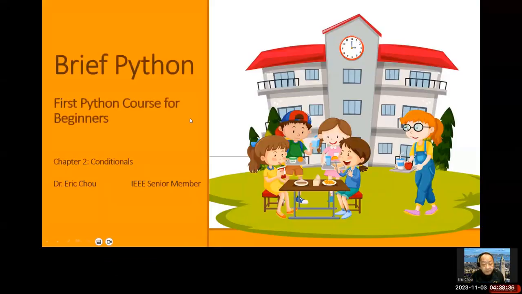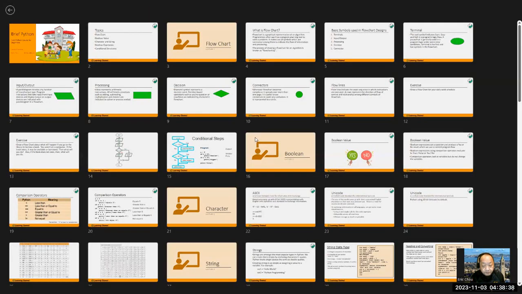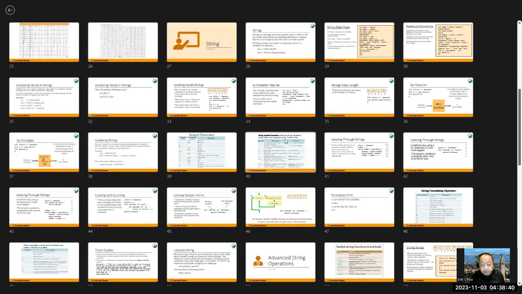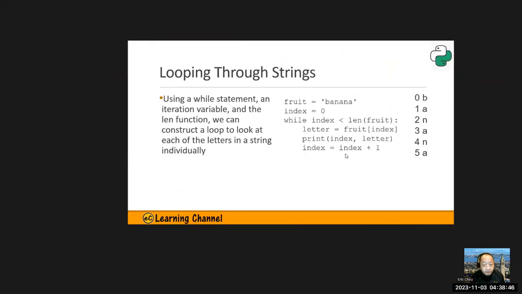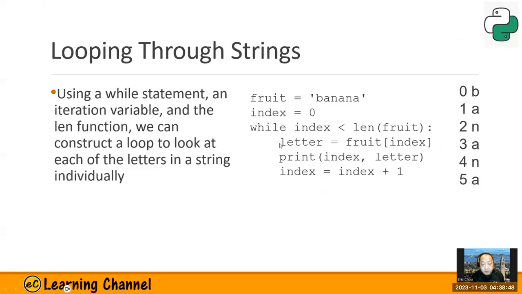Okay, next one. We can loop through a string. So fruit equals banana, with index starting from 0. While some condition is true, you continue to do this. This portion belongs to the while statement.